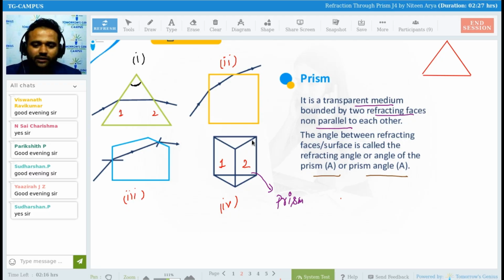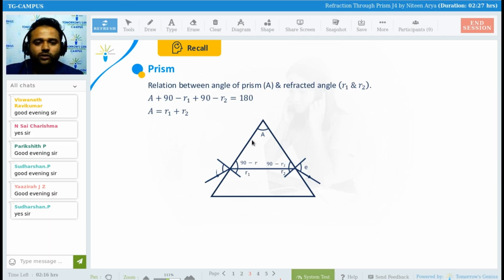Is this clear till now? Basic. Okay. Now this is the relation between angle of prism A. See, in this particular lecture, most of the things you are going to see directly. But these direct relations and direct concepts are going to be asked directly, without any extra language, without any third language and so on.